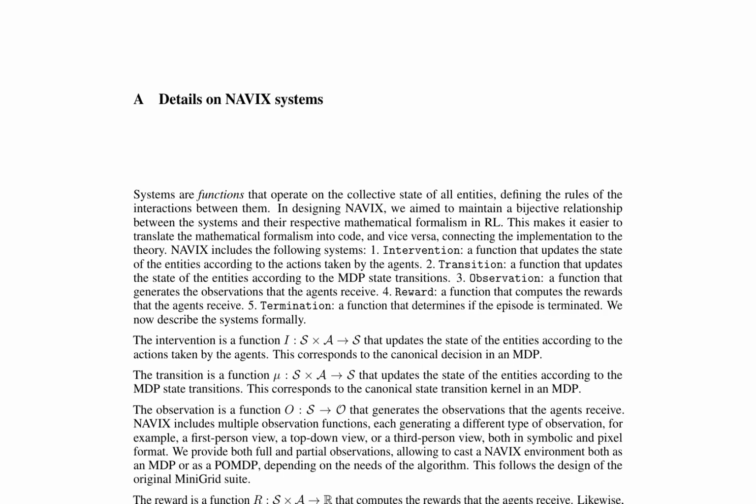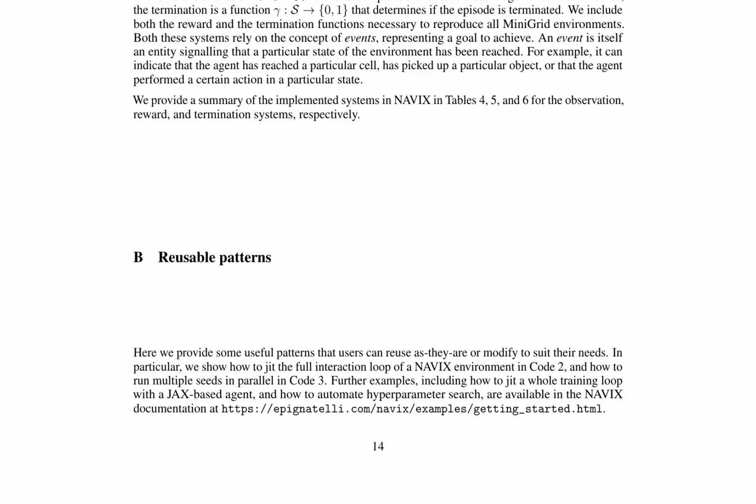The reward system is a function R: S × A → R that computes rewards for agents, while the termination system is a function γ: S → {0, 1} that determines episode termination. Both systems rely on the concept of events, representing goals to achieve.